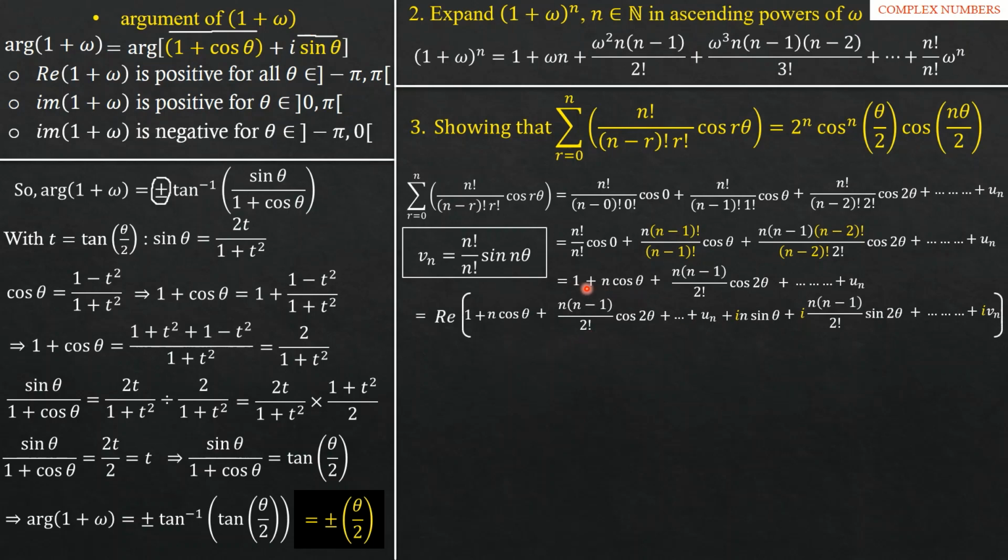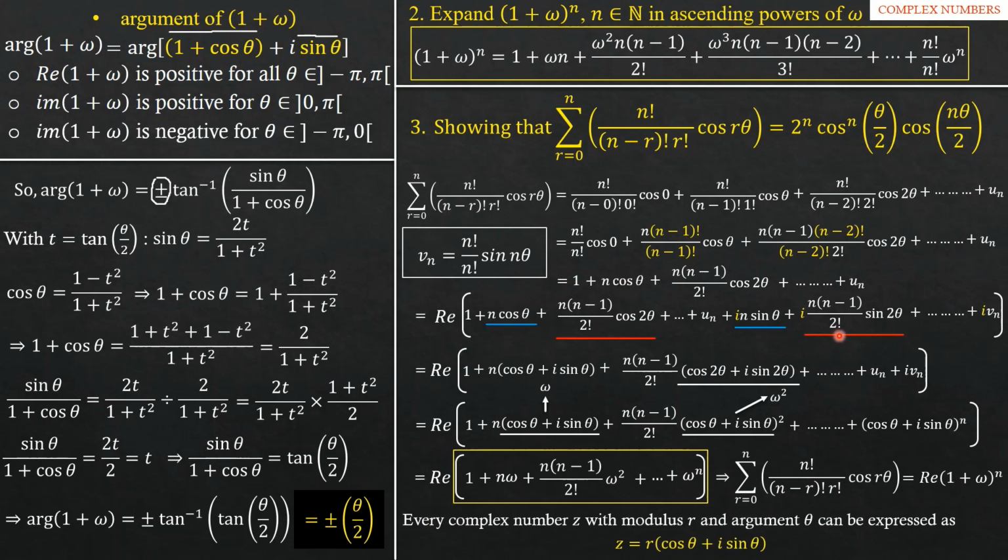So simply I need to write this as a real part of everything, right? Because the real part of everything here is just the terms without the i attachment to them, and the only terms here without the i attachment is my previous step. So writing this previous step as a real part of everything here is correct, because the real part of everything here is simply the previous step.